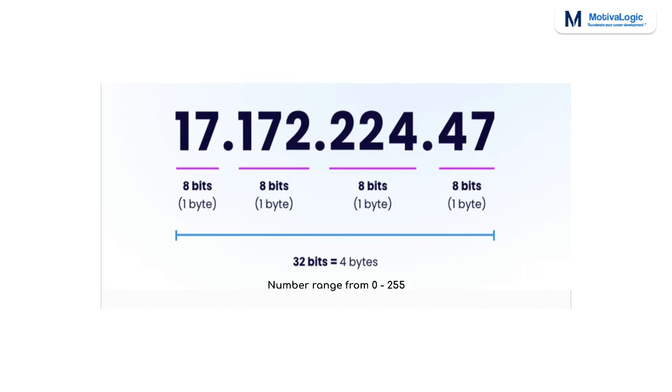When you combine all 4 bytes, you get a 32-bit address, allowing for a total range of 0.0.0.0 to 255.255.255.255. In CIDR notation, this entire range would be written as 0.0.0.0/0, where the number after the slash shows how many bits make up the network mask.